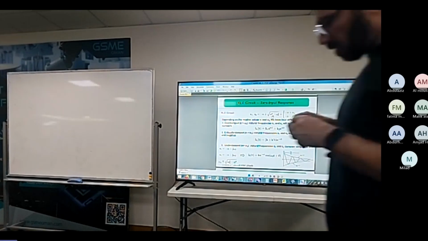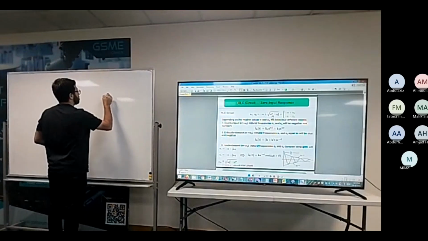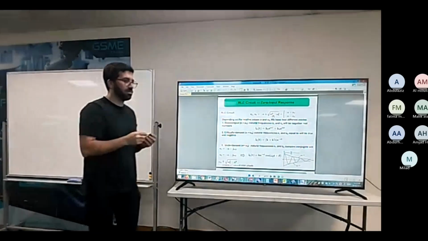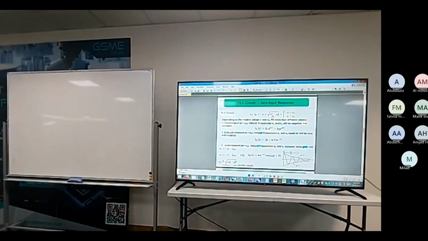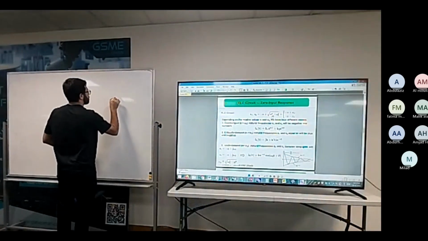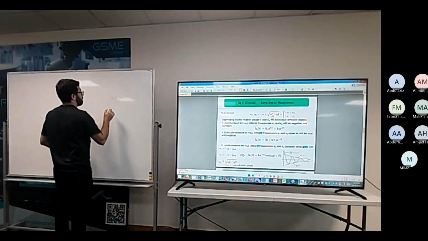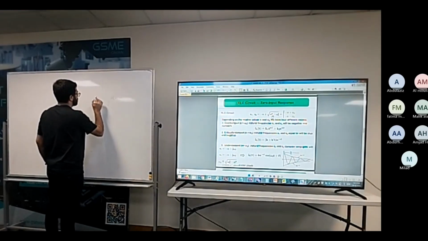One over 2R should be equal to 1,000 divided.